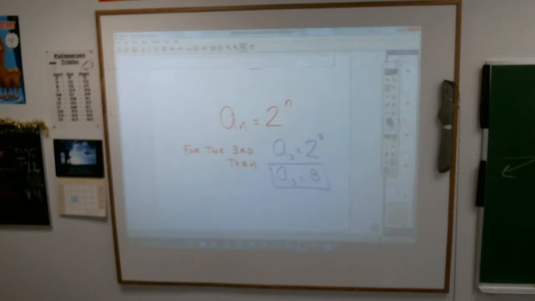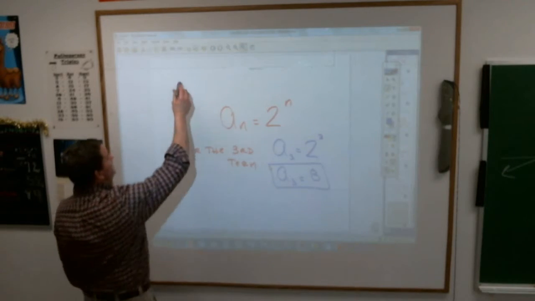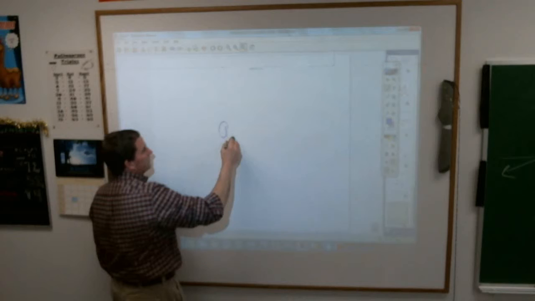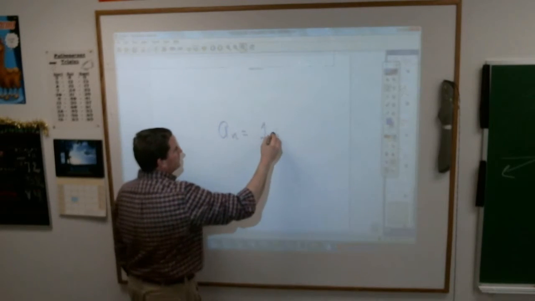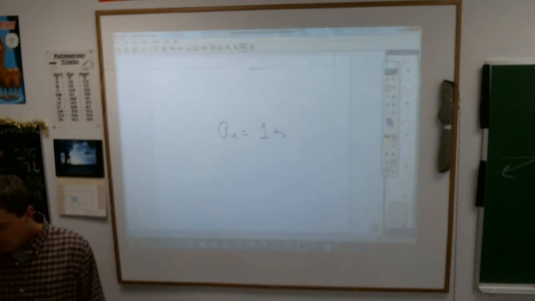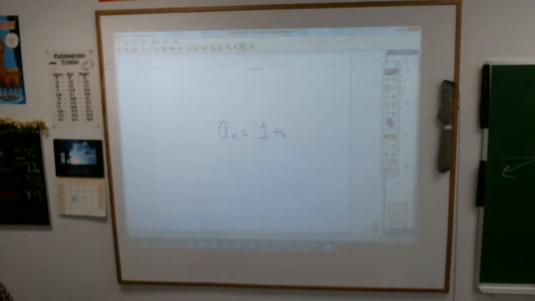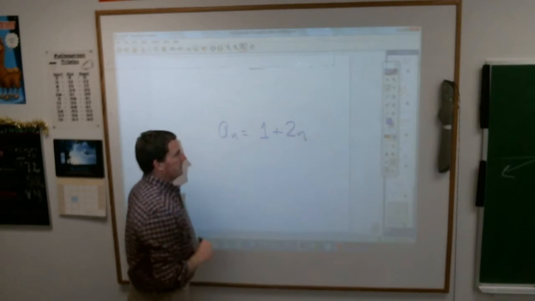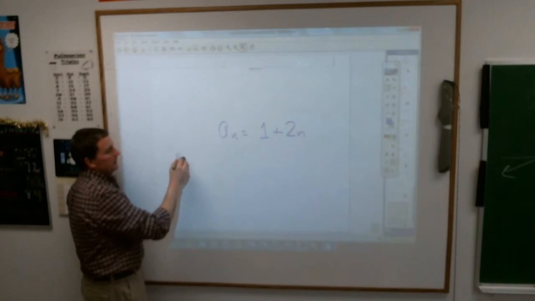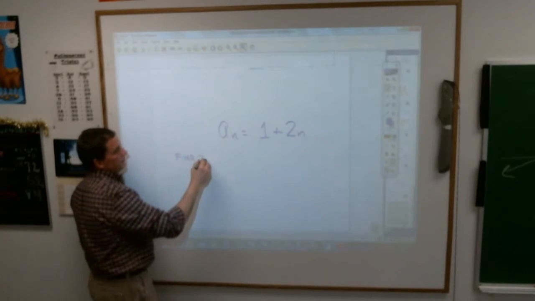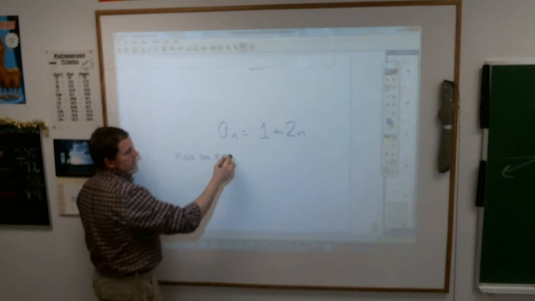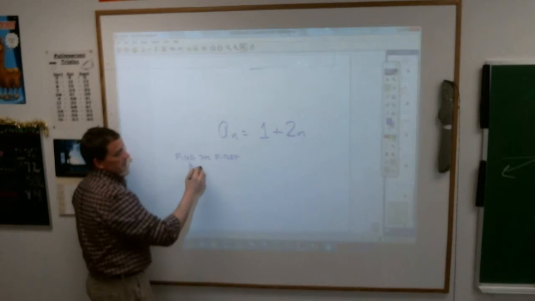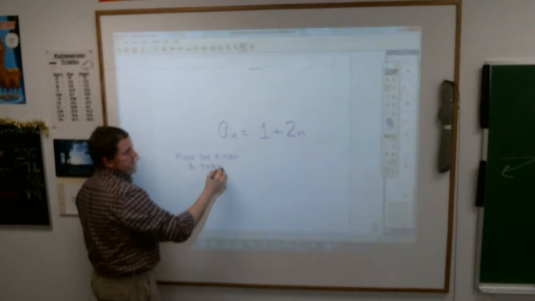How about this one? A sub n equals 1 plus, I believe it's 2n. 1 plus 2n. And the book says, find the first 3 terms.